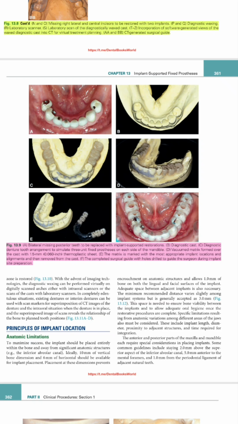Over this waxing, we made a vacuum matrix that was 1.5 millimeters in thickness, and then the vacuum matrix was marked with the most appropriate locations and removed from the cast to be placed inside the mouth, and the holes were drilled to guide the surgeon for the site of the implant.